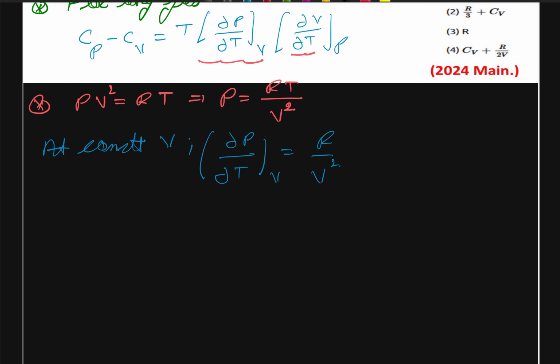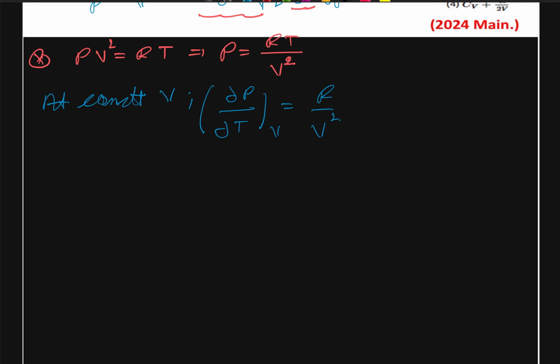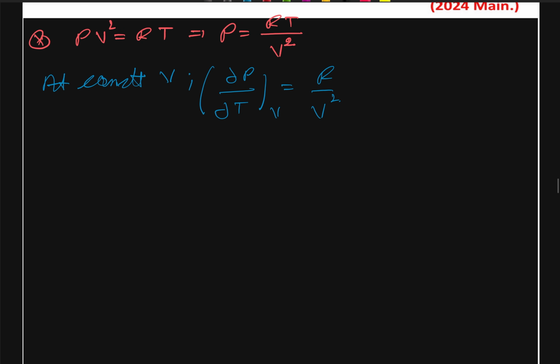And now we come to constant pressure. So we can say that at constant P, differentiating, we have our equation PV square is equal to RT.